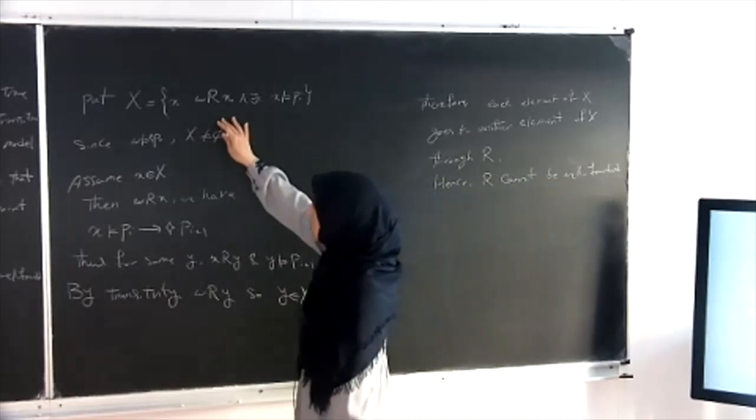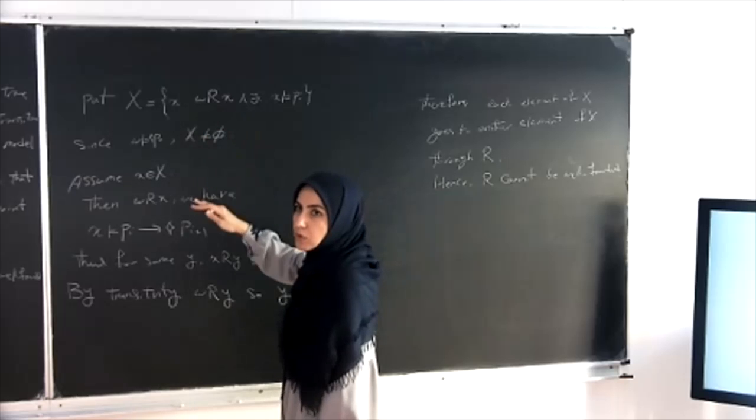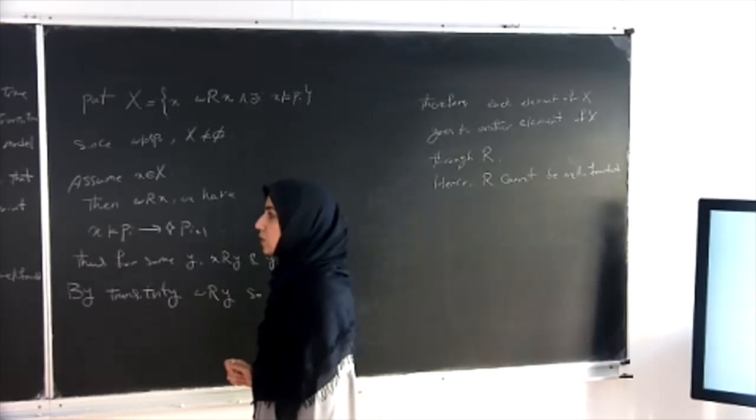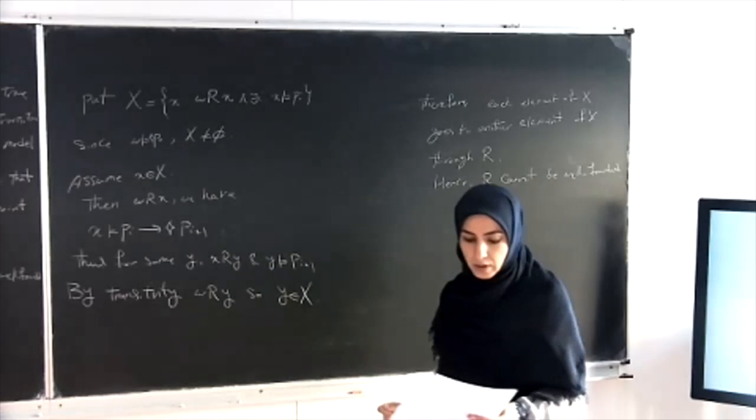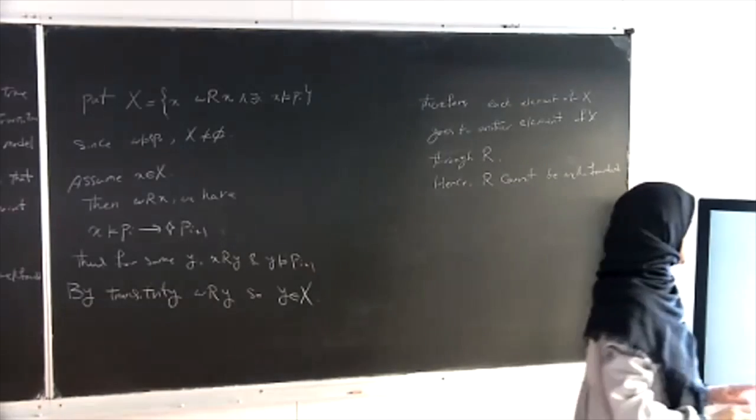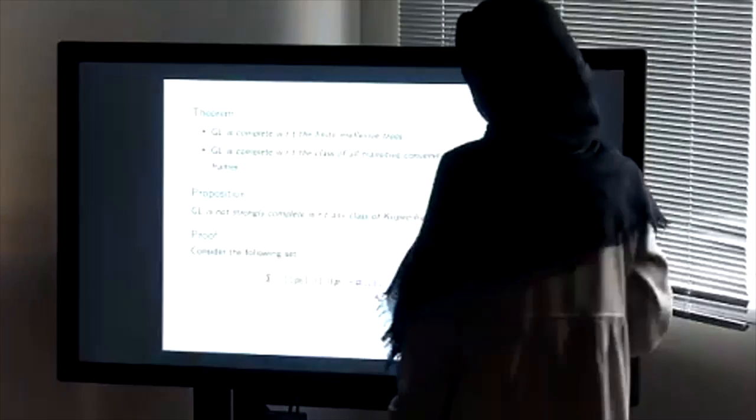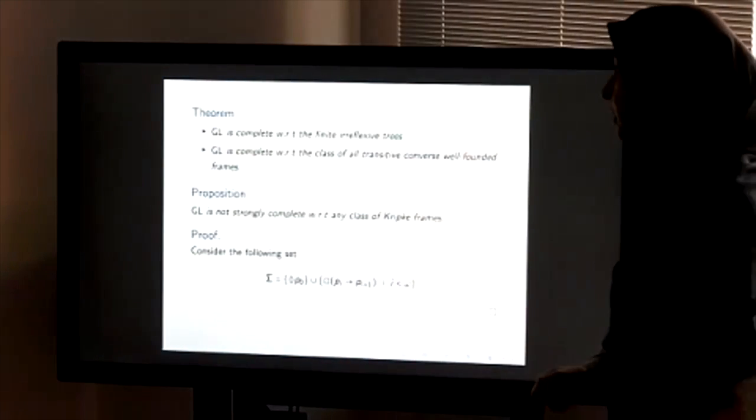So by starting at any point from X, we have other points and go to them. So we can see that GL is not strongly complete with respect to Kripke frames.